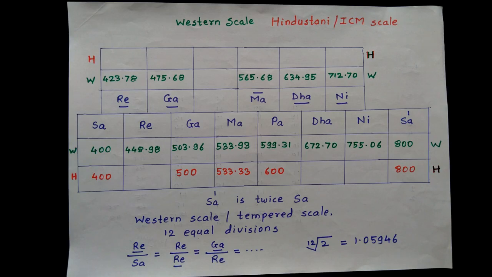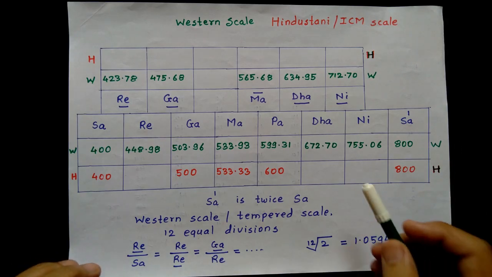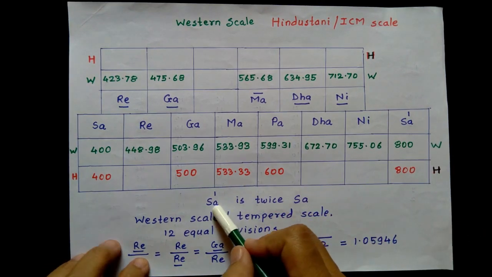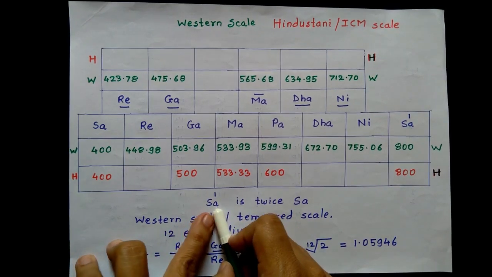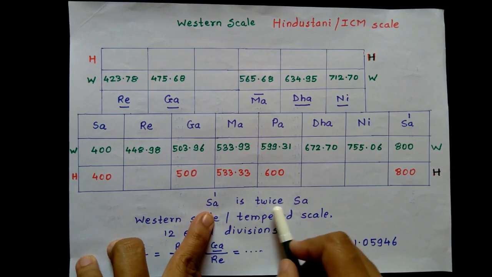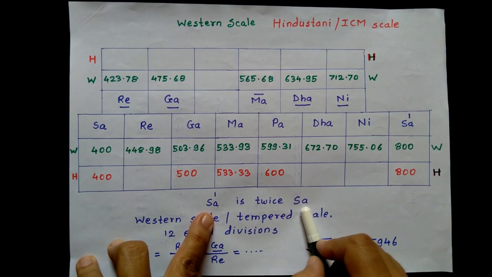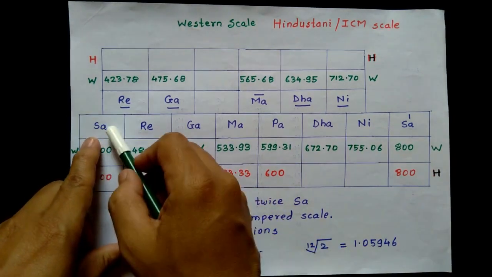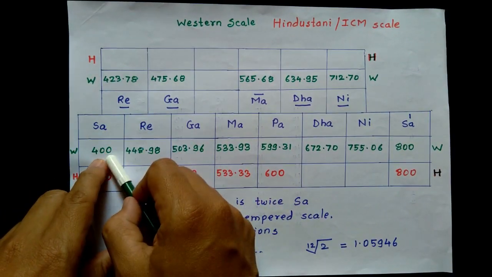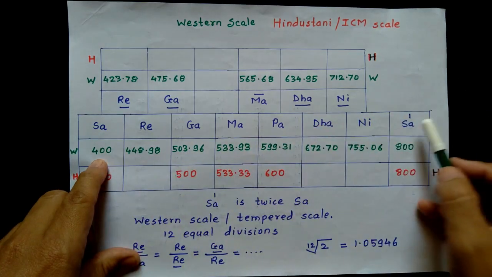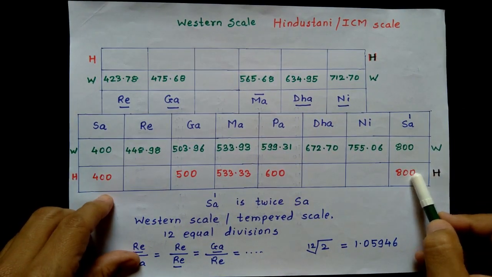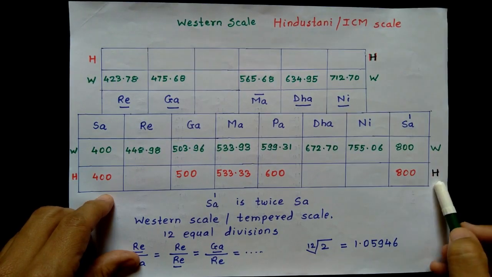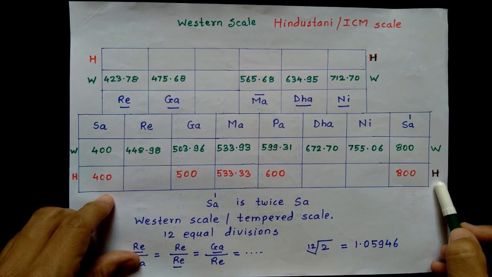So the Western scale is an equidistant scale. Firstly, we must understand that whether it is Western or Indian classical music, the upper sa's frequency is always twice that of the lower sa. So, if our reference sa is at 400 Hz, the upper sa will be at exactly 800 Hz, whether it is the Western scale or the Indian or Hindustani scale.